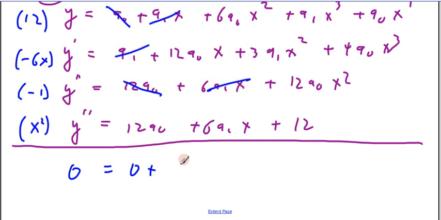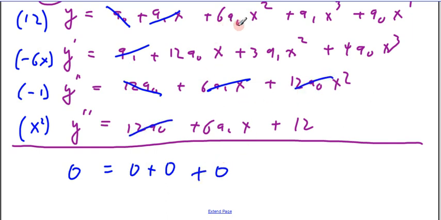I have 0 again. Looking at the x squared term, I've got 12 of them. I've got another 12 of them for 24, except they're negative. So they go away.